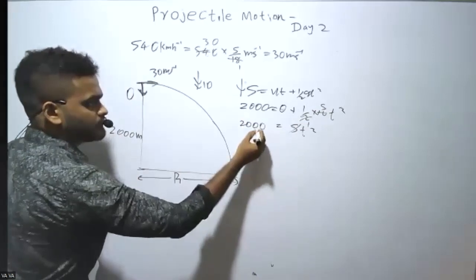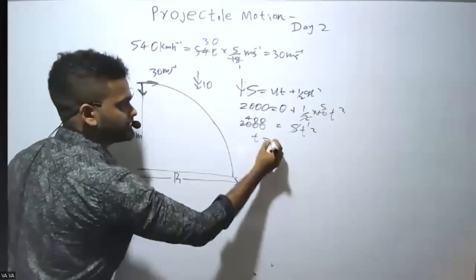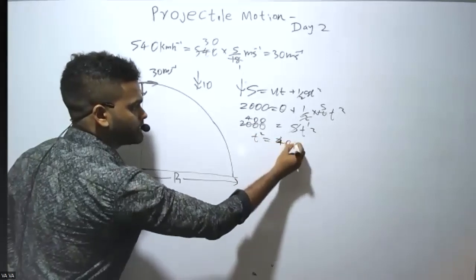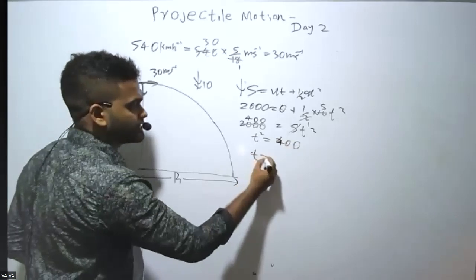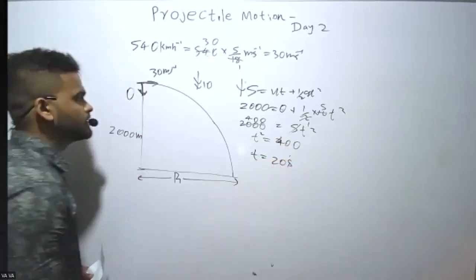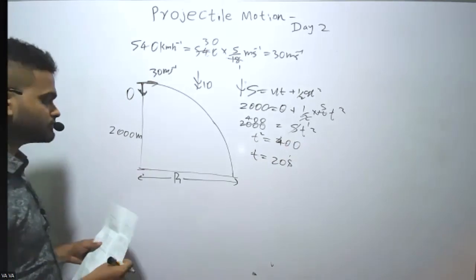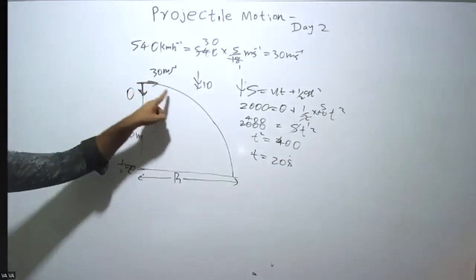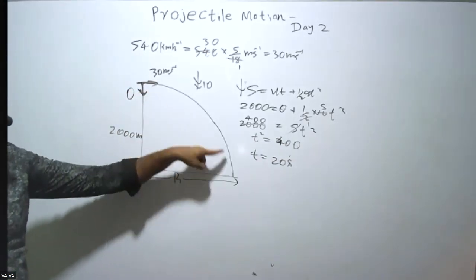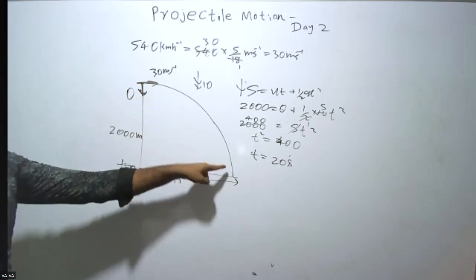Divide both sides by 5, so 400. T squared is equal to 400. 400 means 20 squared. When you take the root, it becomes 20 seconds. So to reach the ground, it takes 20 seconds. That's the flying time of the bomb. This time and this time are the same, right?